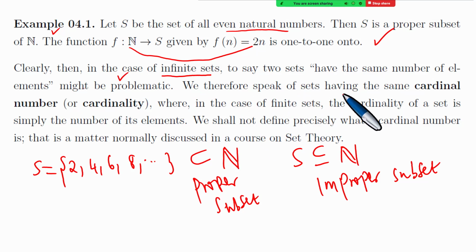We therefore speak of sets having the same cardinal number or cardinality, where in the case of finite sets, the cardinality of a set is simply the number of its elements. We shall not define precisely what a cardinal number is. That is a matter normally discussed in a course on set theory.